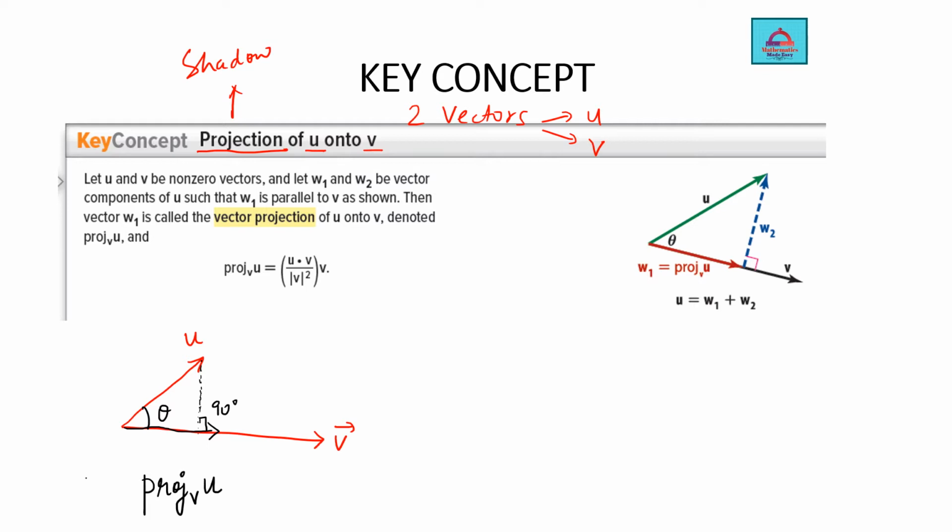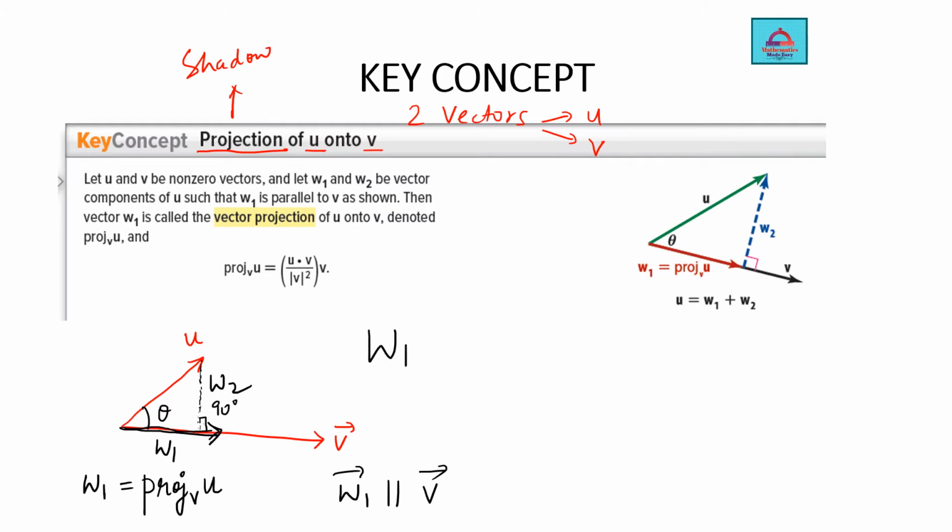So this vector I'm denoting by another vector, say w1. So I'm taking a vector w1 which is parallel to vector v. Just look carefully how I'm doing. So this vector w1 I'm taking as the projection vector, and this vector is parallel to vector v. So w1 is parallel to v. These two are parallel vectors. And then because of this 90 degree, I will take another vector w2 which is orthogonal to w1.